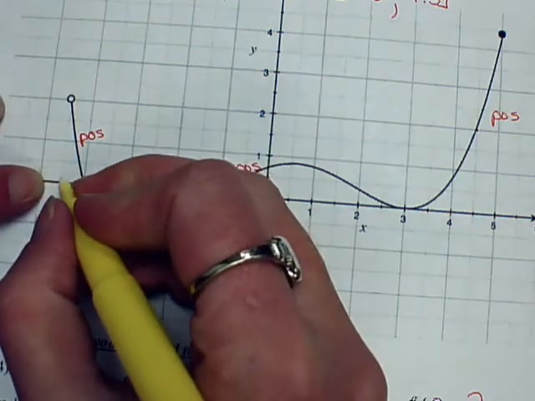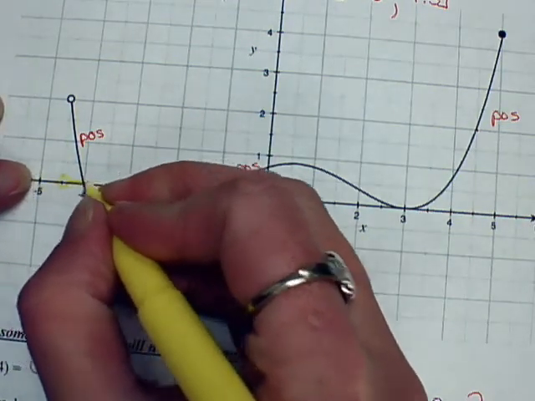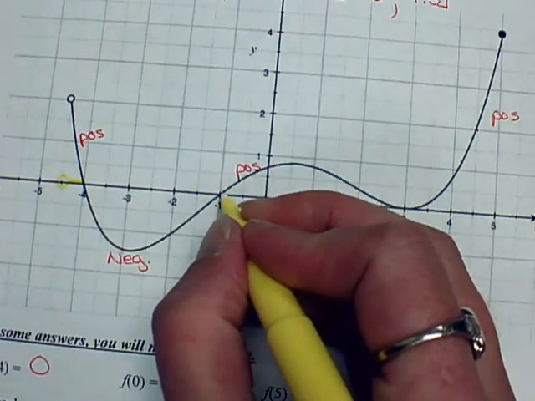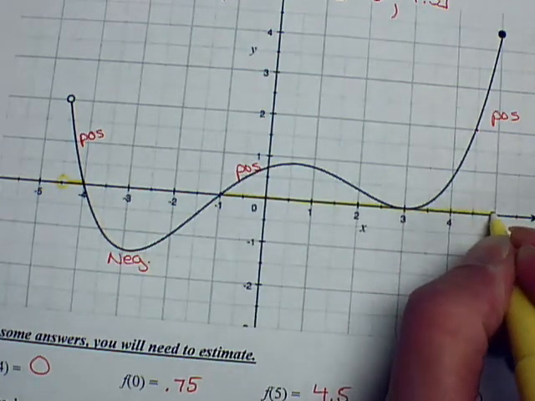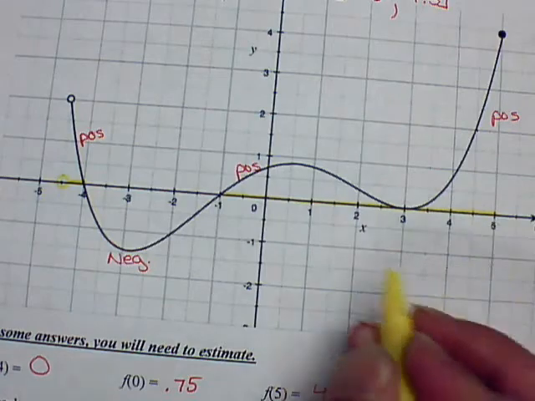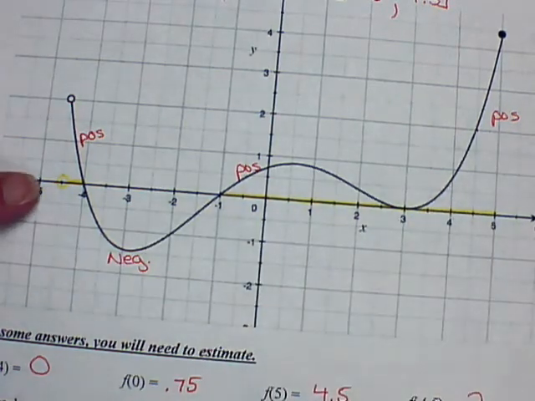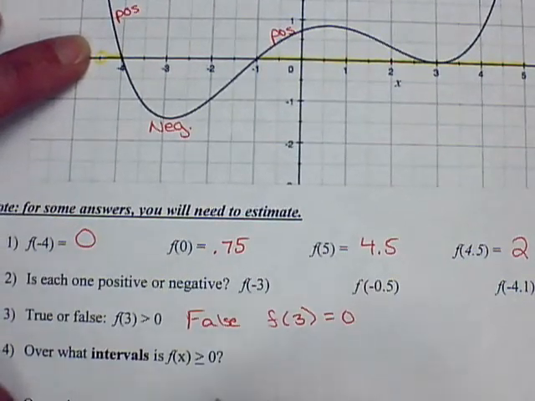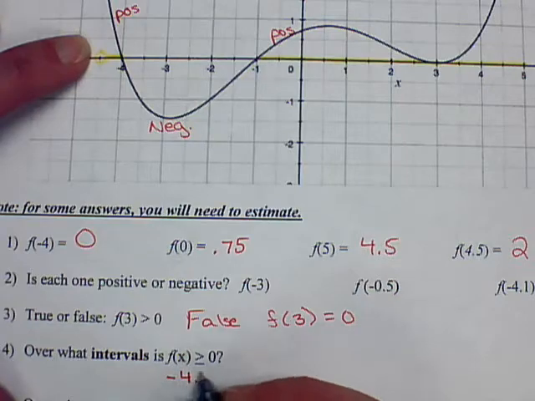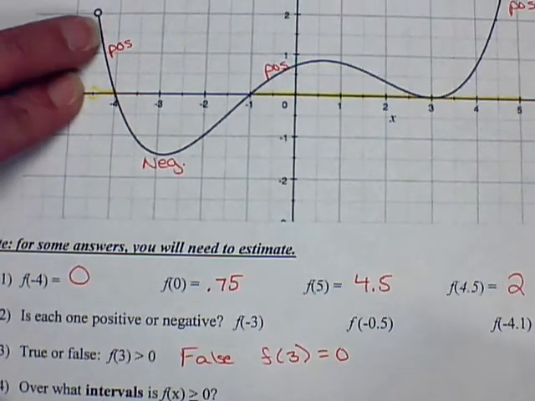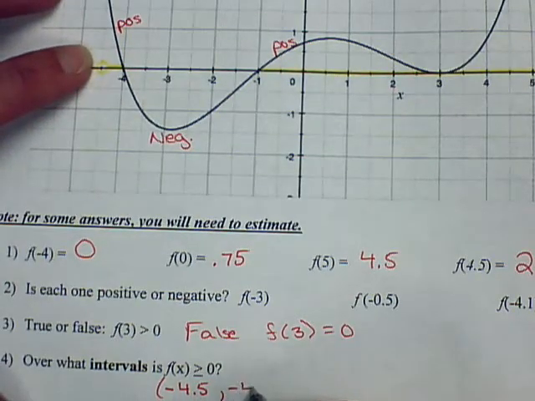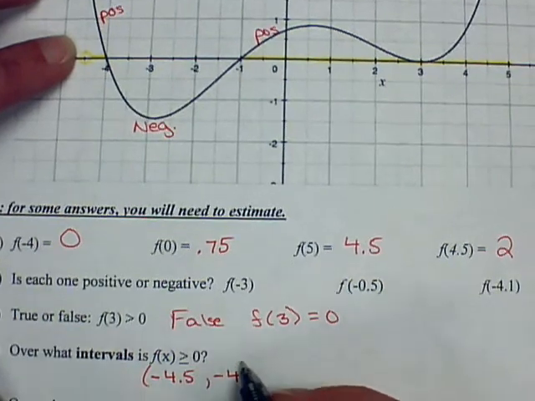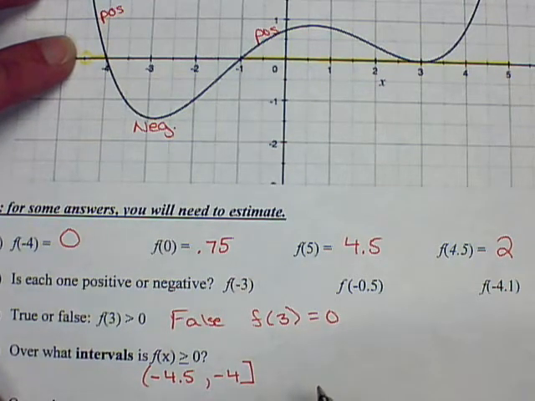So the part that's positive starts here and goes up to here, starts there and goes to here, and then goes all the way to here. So what x values are those? Well, gosh, we start here at negative 4.5. That's a positive y value. But I can't include negative 4.5 because that point doesn't really exist on the graph. And it goes up to negative 4. Now at negative 4, our y value is 0, so we are going to include that negative 4.